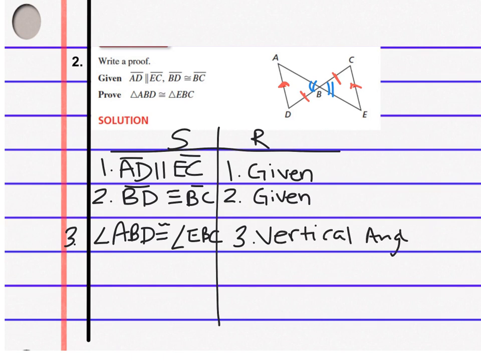So right now we have a side and an angle. I also know that these two sides are parallel. So I have two parallel lines cut by a transversal. So I also can add alternate interior angles. Angle D and angle C are congruent.